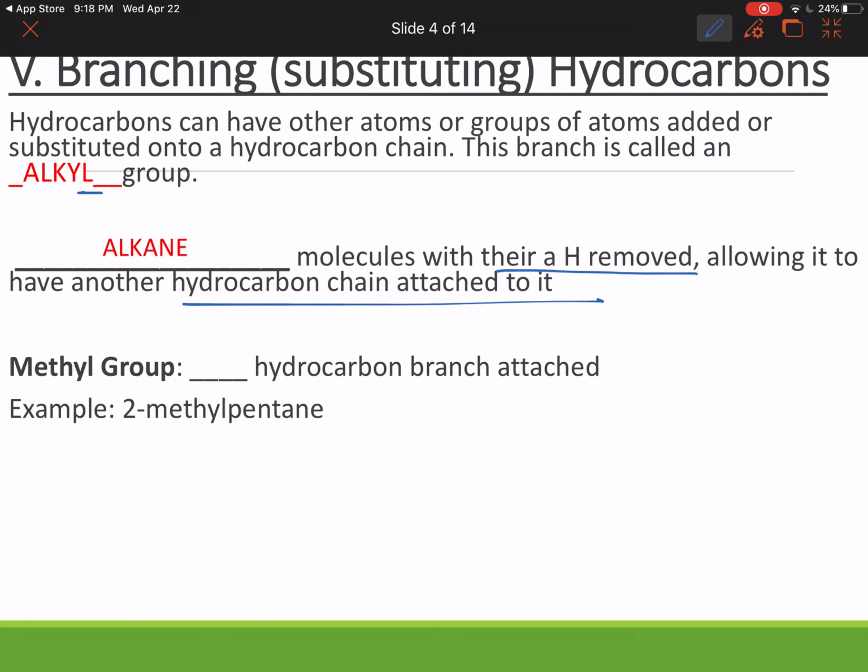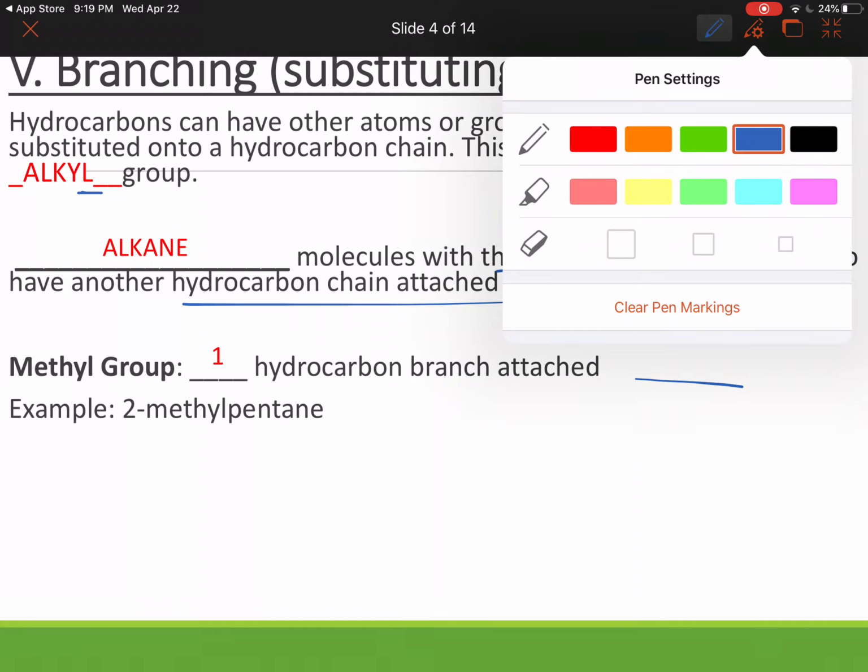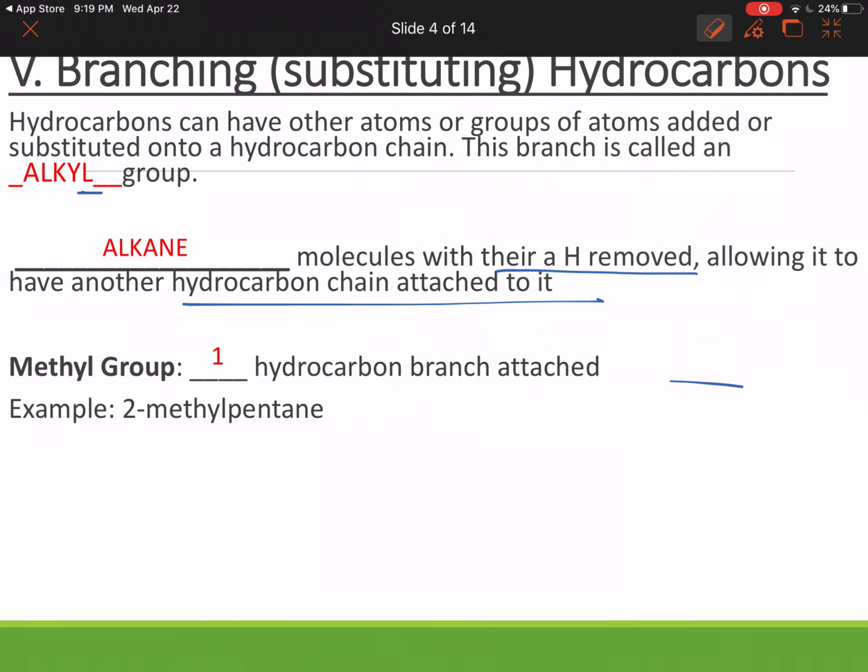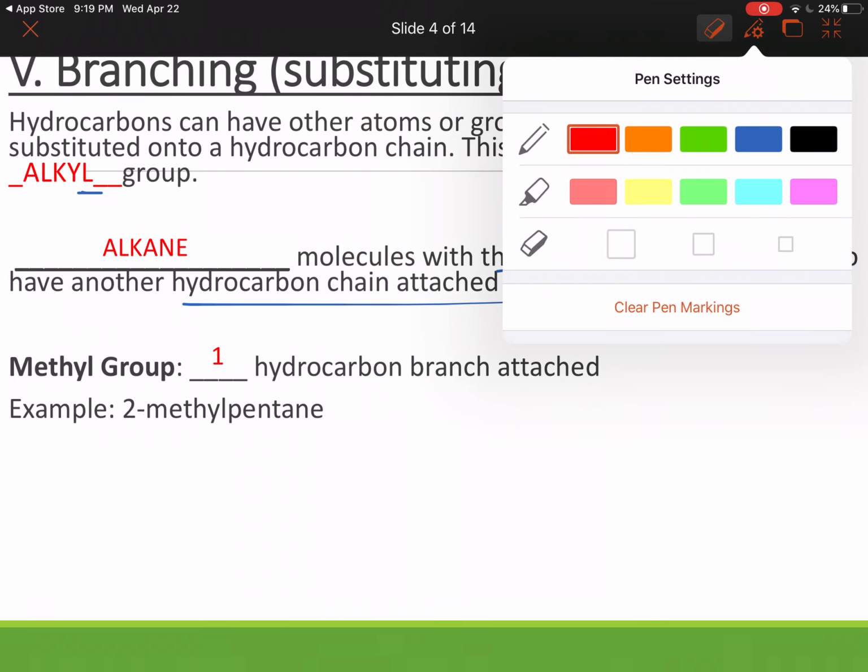Okay, so we have alkyl groups that correspond to the number of carbons, just like alkanes, alkenes, and alkynes. So an alkyl group, first one would be methyl. All right, so how many carbons are in methyl? 1. So we sometimes see it written in a couple of different ways, so I'm going to show this to you.